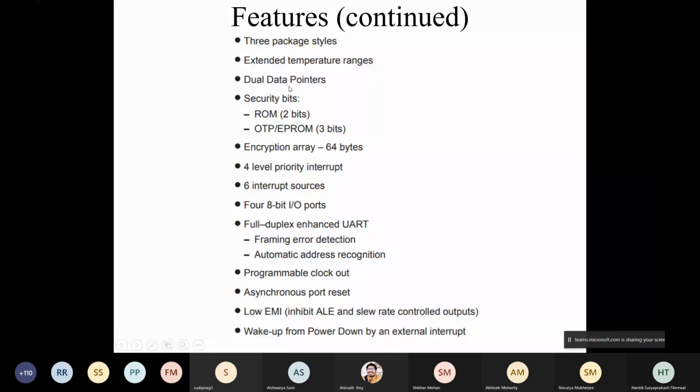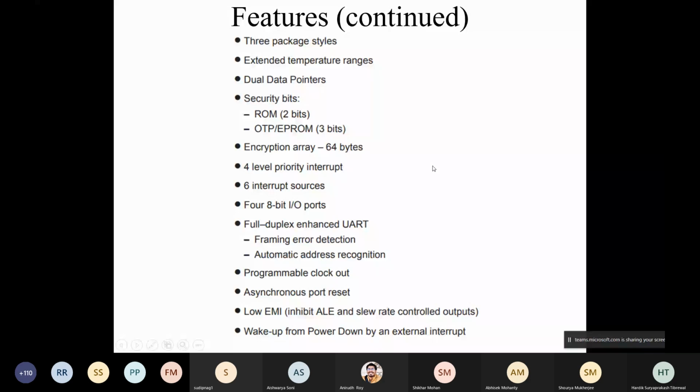And there are dual data pointers. During the block diagram, I mentioned that data pointers are specialized 16-bit registers, which are used to point to the data space in the memory. So you can use RAM and ROM both in the memory address range, but RAM is typically used for storing your data.